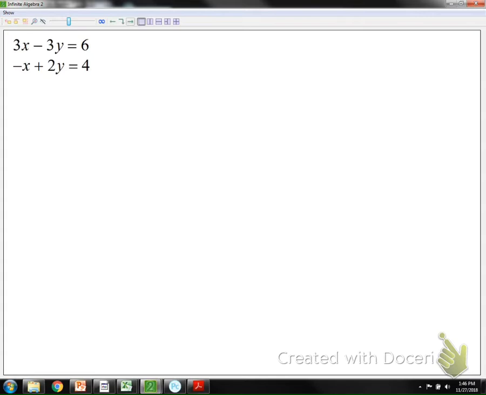All right. Second one, let's solve this by elimination. And the easiest way to do that in this equation is to eliminate the x's. We can take the second equation and multiply it times 3. The top equation stays the same, 3x minus 3y equals 6.